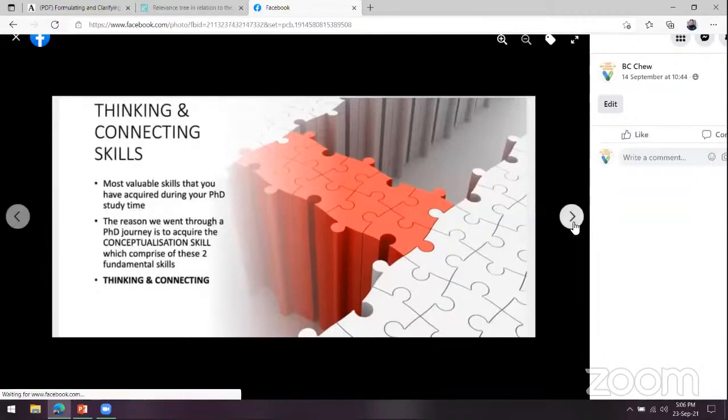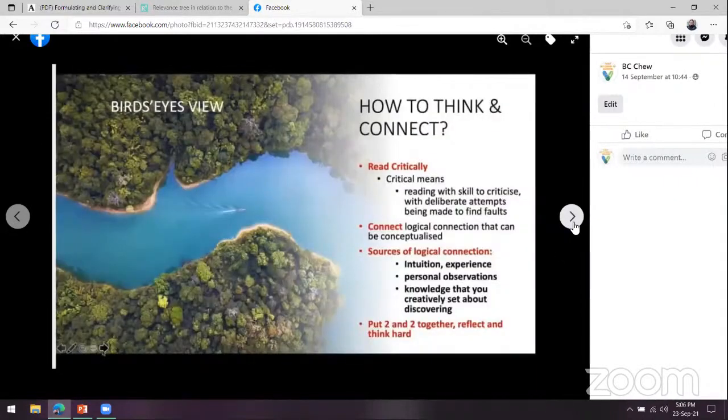For the next one, how to think and connect. This would be something that we can also read a bit. I welcome you to have a print screen for this one. Some of the keywords may be ones that you have heard repetitively from your supervisors, but you might have trouble knowing what they mean.